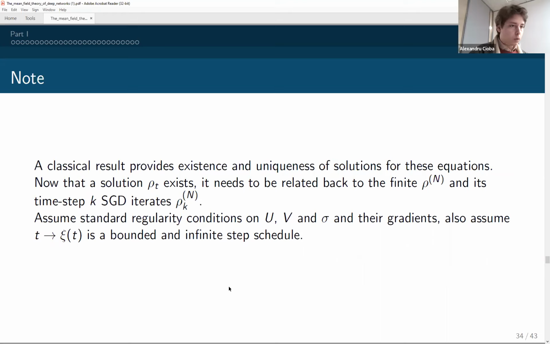In order to do this, they have a very general result that applies both to SGD and to noisy SGD and proves these convergence bounds.